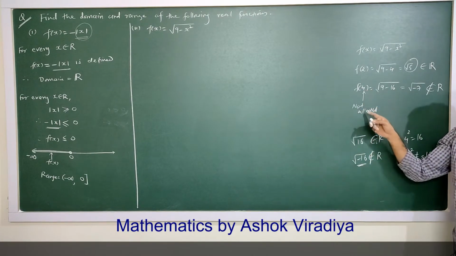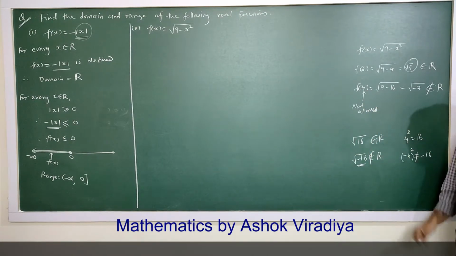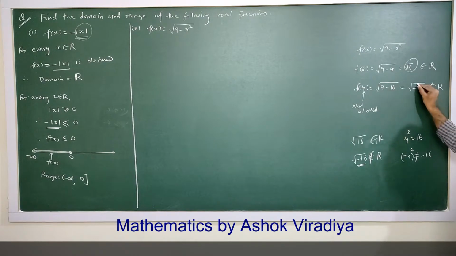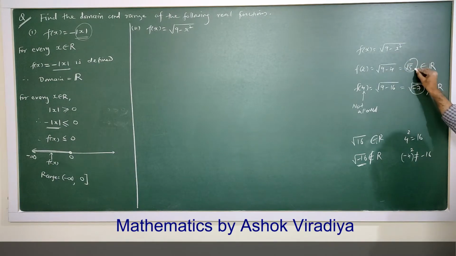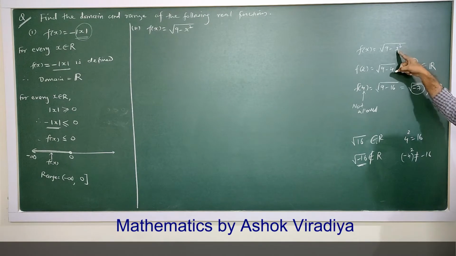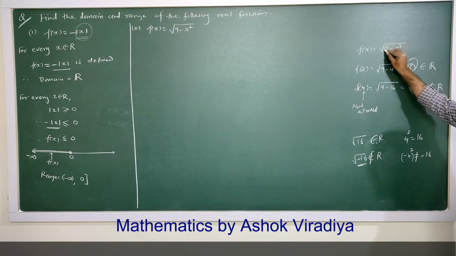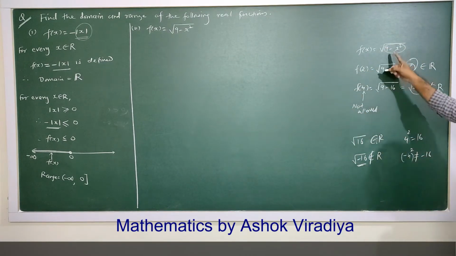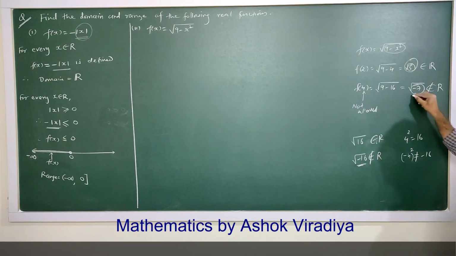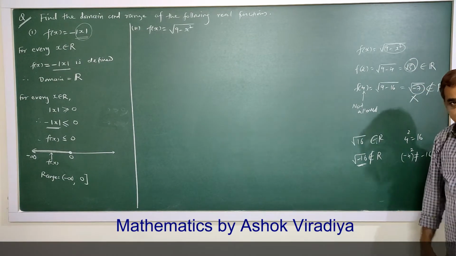So 4 is not allowed, because here in the radical sign this negative number is produced. Square root of a positive is possible. So we have to choose this x such that this must be positive. If this difference is negative, then the machine is not working.